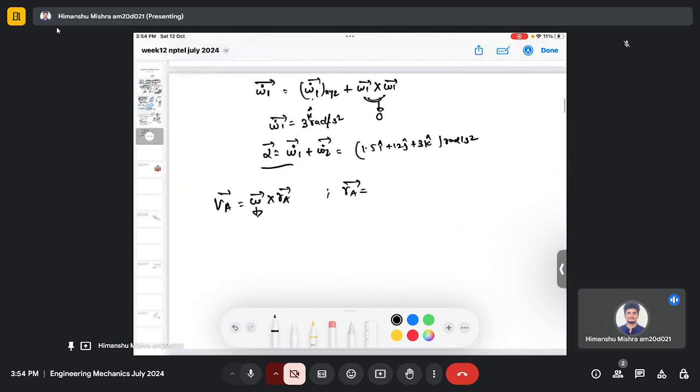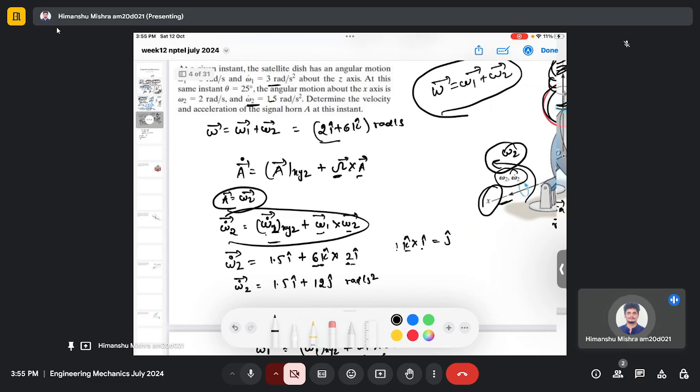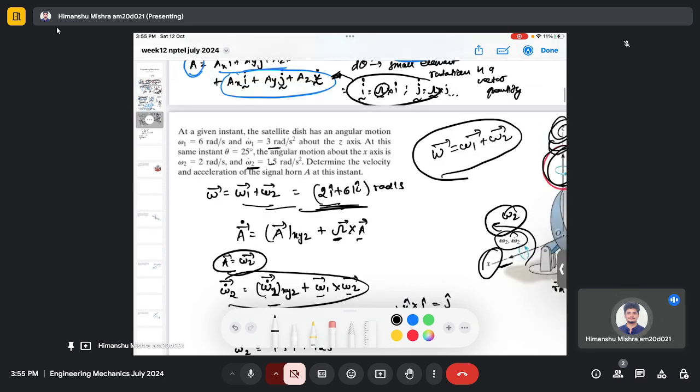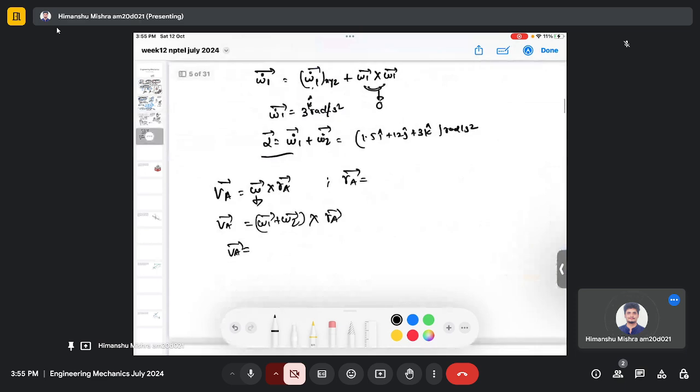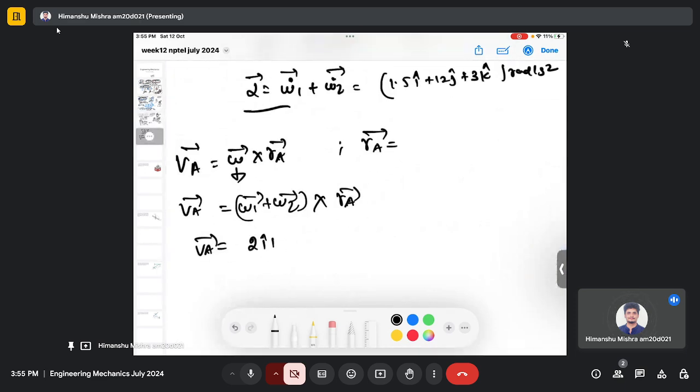So this will be omega 1 plus omega 2 cross RA. So VA will be, with the resultant angular velocity 2i plus 6k, the cross product with position vector RA, which is 1.4 cos 25j plus 1.4 sine 25k.